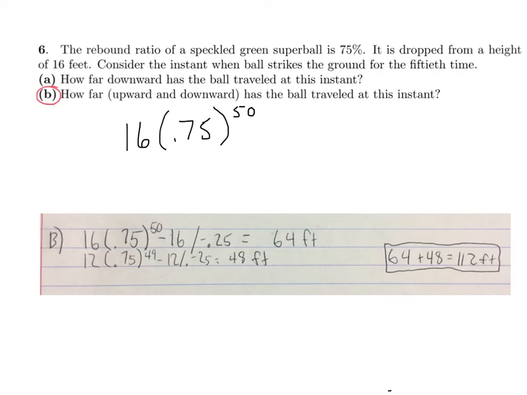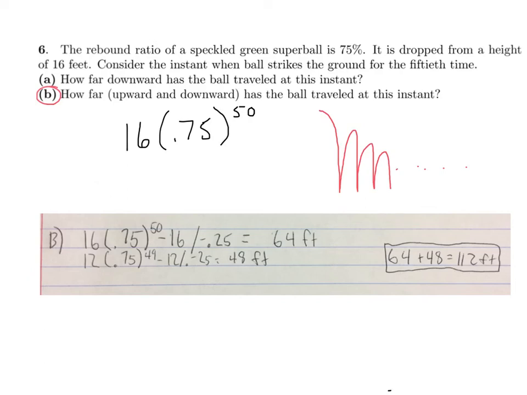So imagine their super ball is bouncing like this, and so on. So at this point right here, it's dropped. And that's 16 feet. And that's for the first, and so on.